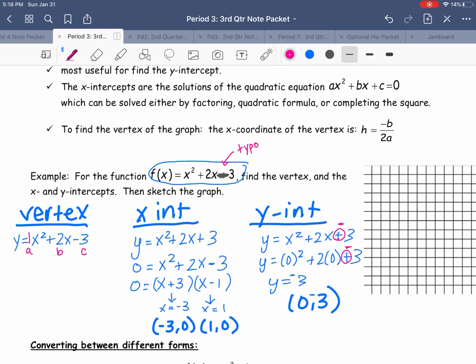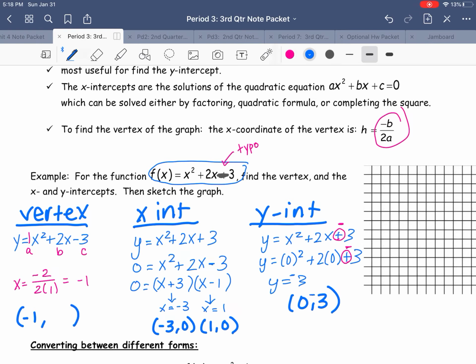So take a look at that and see if we can figure out what -b over 2a is. -b over 2a. Then simplify that, and that's going to be your x-coordinate. So x equals, and that's going to go to -1. So my x-coordinate of my vertex is -1.